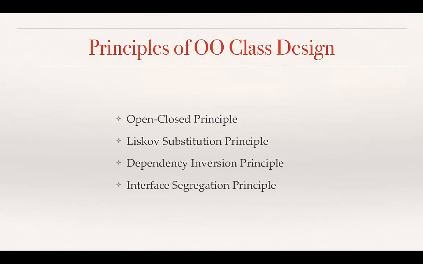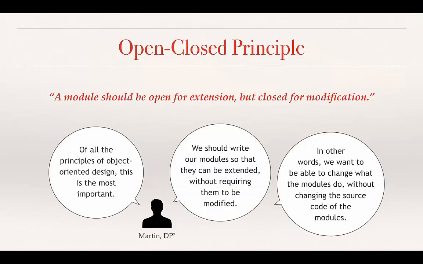Now let's find out what each of these principles mean and how we can apply them. The first principle, and according to Martin the most important, is the open-closed principle. It says that a module should be open for extension, but closed for modification. Here's what Martin says about it.